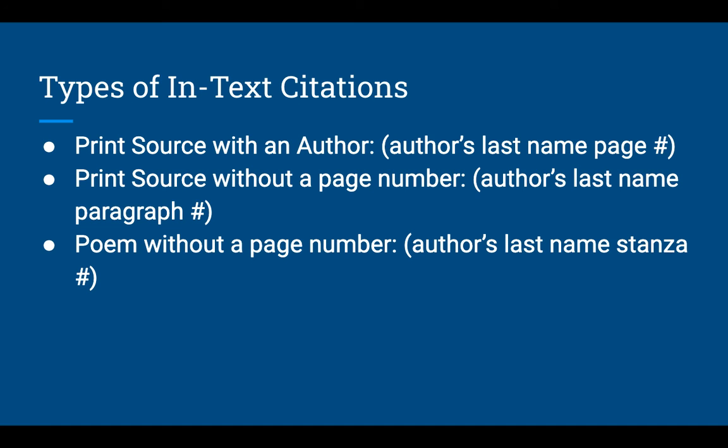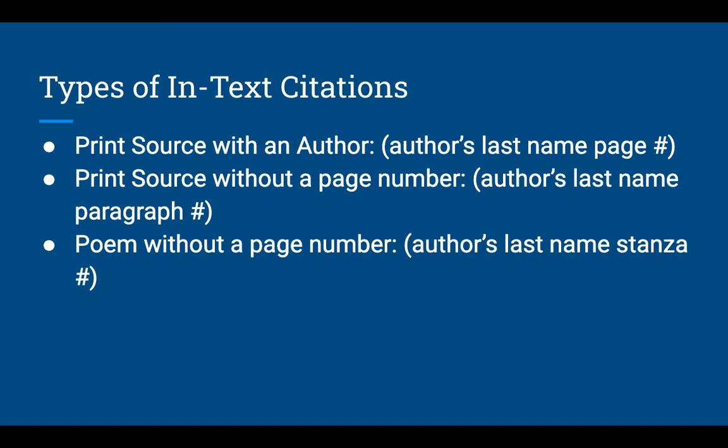Now let's say you have a print source, or in this case, an internet source without a page number. An example of a print source without a page number might be the PSSA. You will not have a page number within the PSSA because everybody's page numbers are going to be different. So for a print source, you would just put the author's last name and paragraph number.